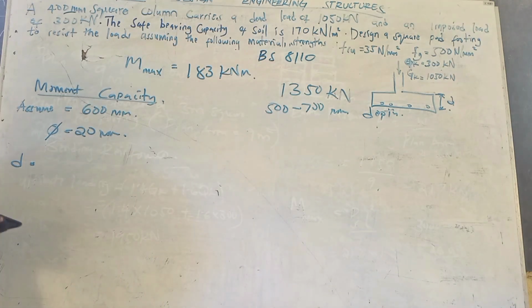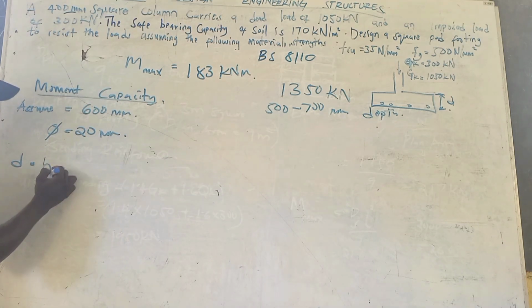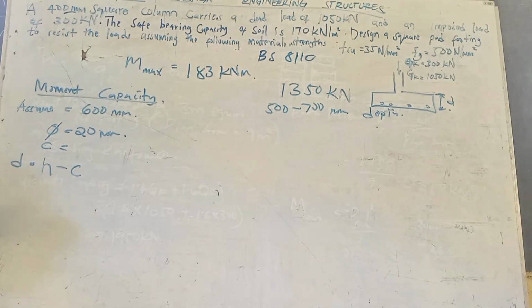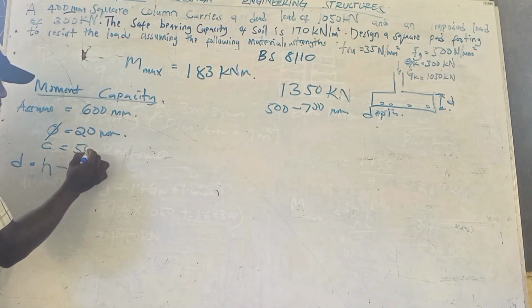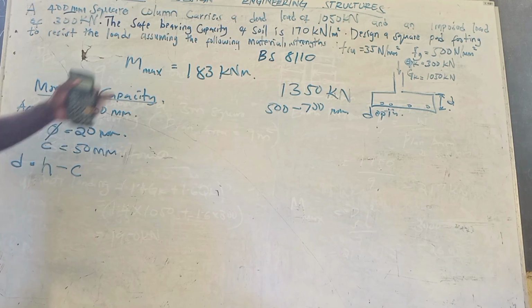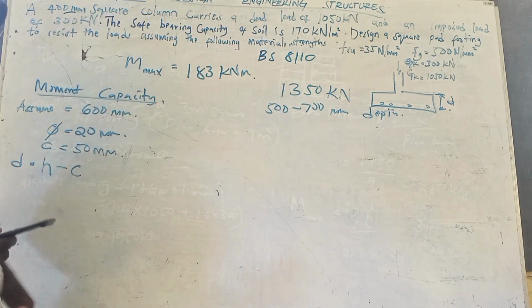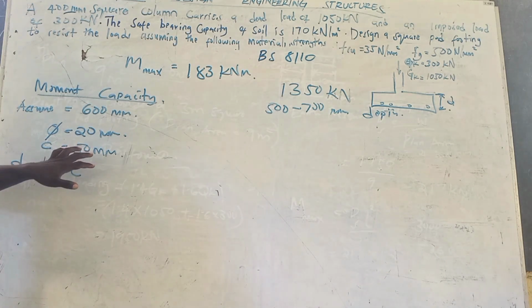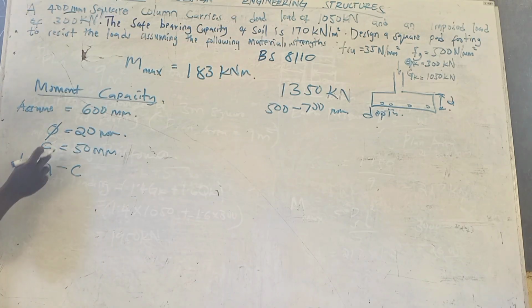So we're going to achieve that by saying it is the overall depth minus the cover. Again, we're going to assume the cover. So our cover here is going to be 50 millimeters, since the footing is going to be laid on top of a blinding layer. So 50 millimeters is going to be suitable as a cover to our reinforcement.